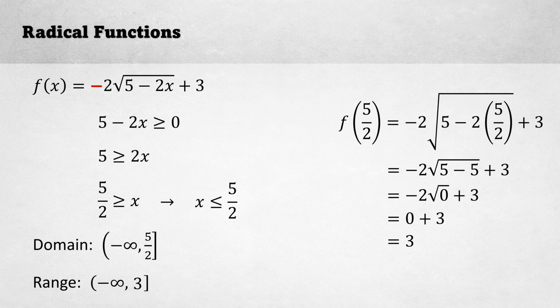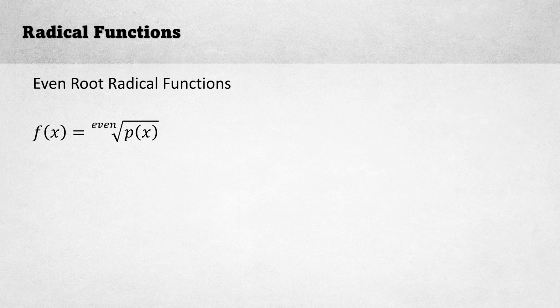Even root radical functions have an even number in their index. Note that if the index is 2, we don't write it and read it as a square root. All even root radical functions have a restriction that the radicand cannot be negative. So to find the domain, we set the radicand greater than or equal to 0.